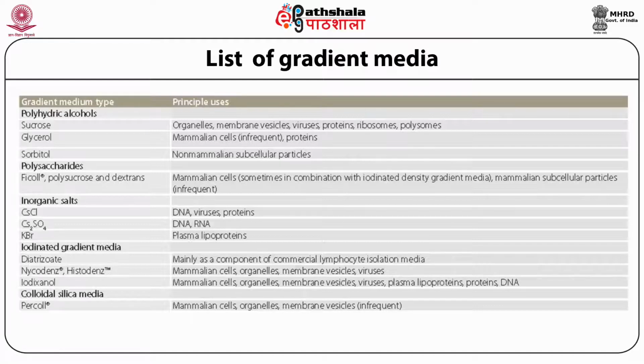Nycodenz is for mammalian cell organelles, membrane vesicles, and viruses. Iodixanol is used for the separation of mammalian cell organelles, membrane vesicles, viruses, plasma lipoproteins, DNA. And the colloidal silica media are also used for gradient preparation, like Percoll, used for the separation of mammalian cell organelles and membrane vesicles. These are the media used for the preparation of the density gradient for the separation of biological molecules.